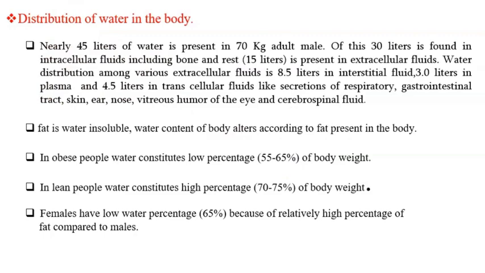We are proceeding to the distribution of water in the body. Note this, very important. A healthy adult male weighing 70 kg has 45 liters of body fluid in the body.